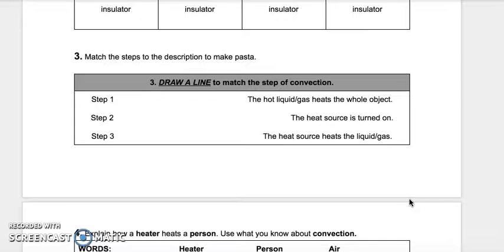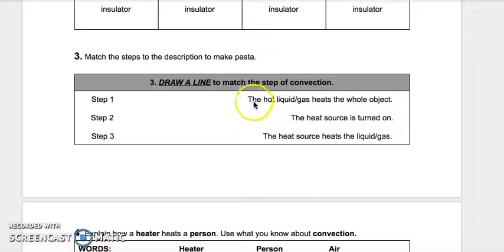All right, students, number 3. Number 3, you're going to match the steps of the description to make pasta. So you're going to draw a line to match the step of convection. Now we're thinking about convection. You're going to think which one is step number 1, which one is step number 2, and which one is step number 3. So you're going to draw a line from step 1 to the right description.